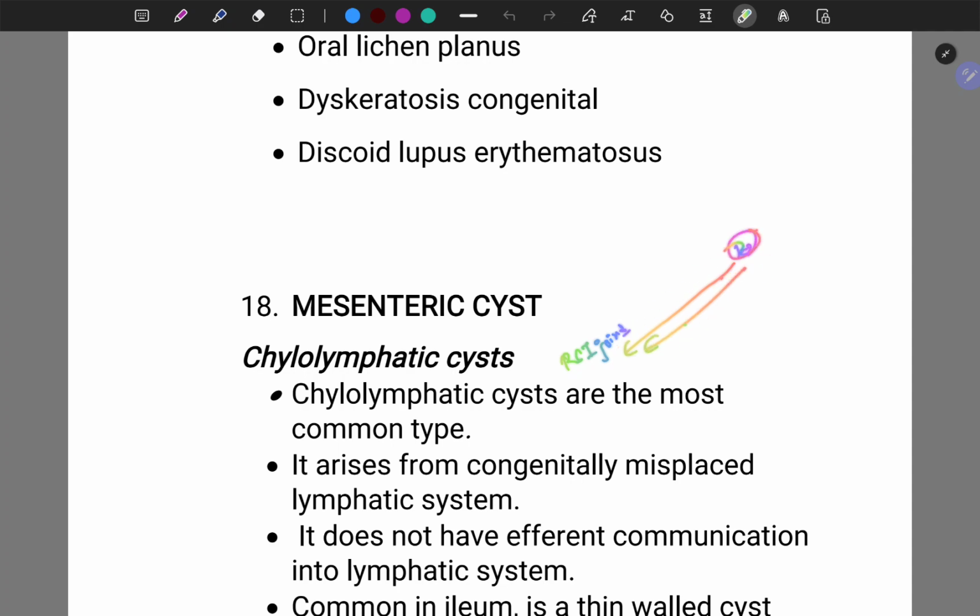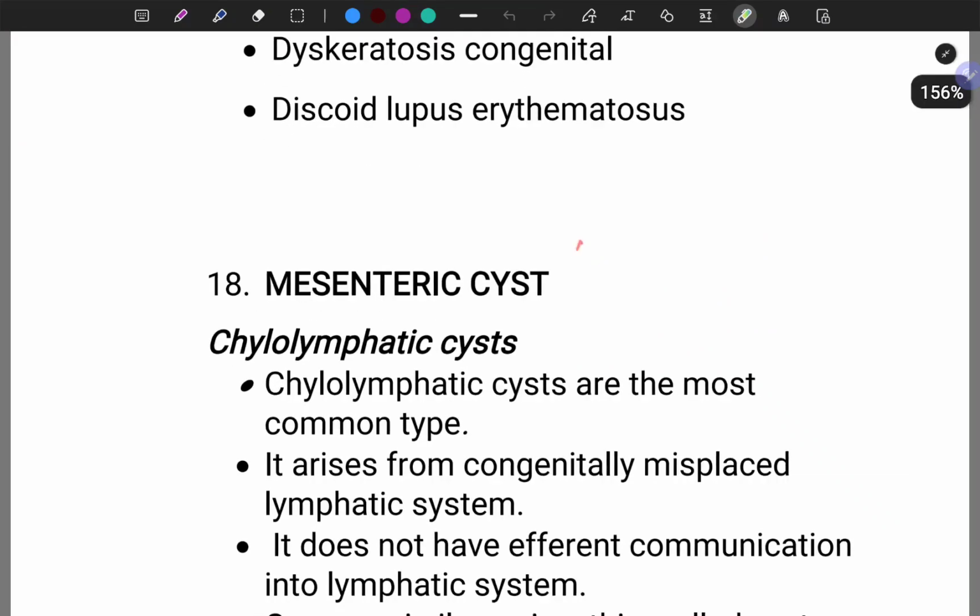Thereby it crosses the DJ flexure, superior mesenteric vessels, ureter and psoas muscles. The mesenteric cyst is of two types: chylolymphatic cyst and enterogenous cyst. I want you to remember these 2 points and Tillaux's triad.